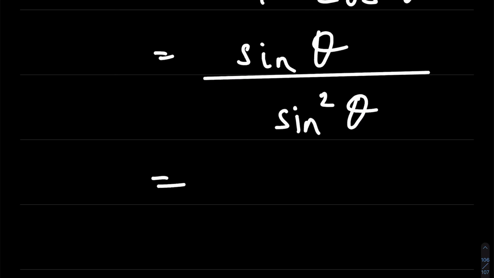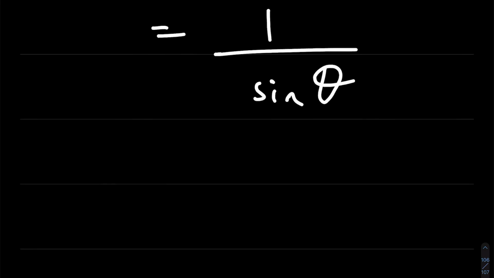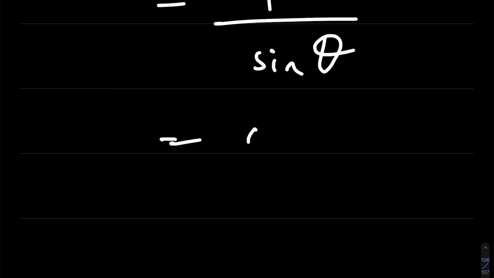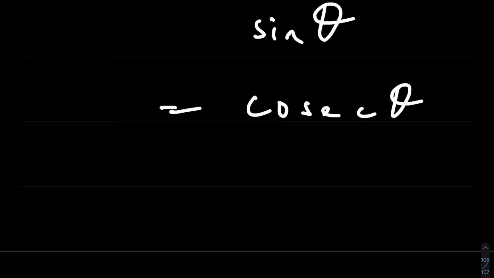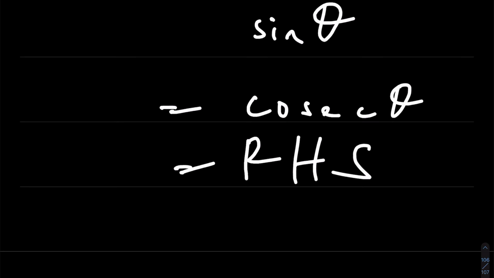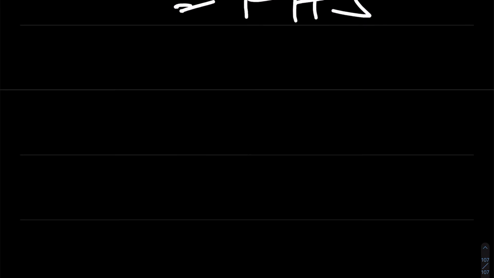And that simply means 1 all over sine theta, which is equal to cosec theta. Cosec theta is 1 over sine theta. Sec theta is 1 over cos theta. And that's the right hand side, which is a proof simply. We go straight to the next.